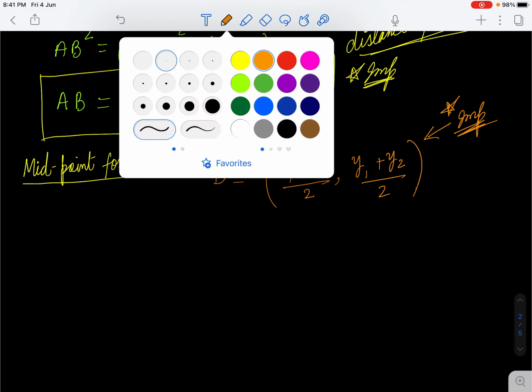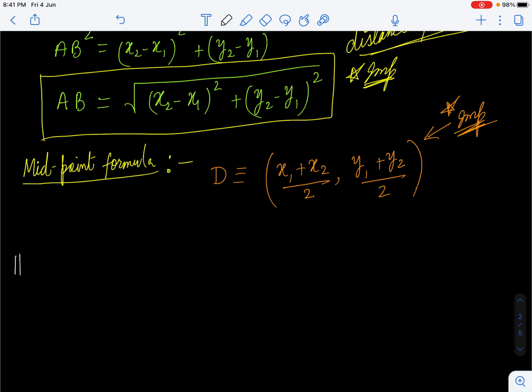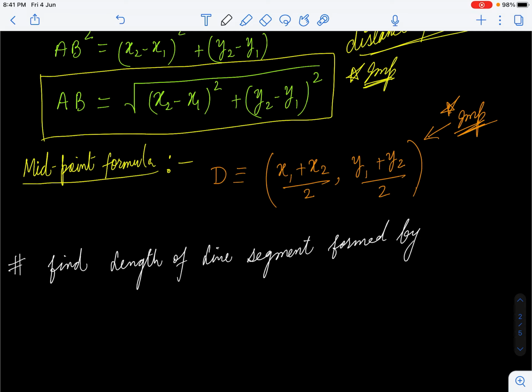So let's try one question on this so that we understand this concept. My question is, find the length of the line segment formed by A 1 comma 2 and B minus 2 comma 3.